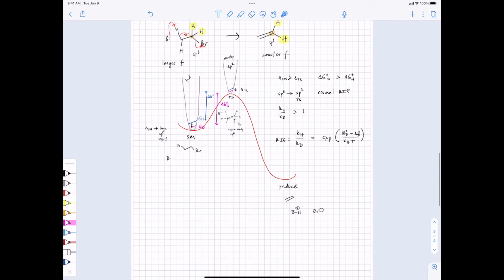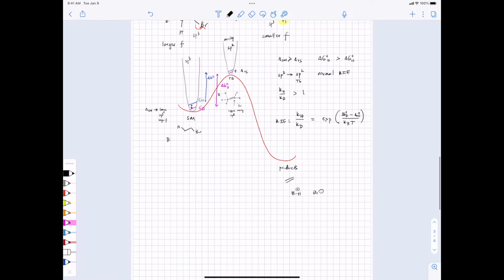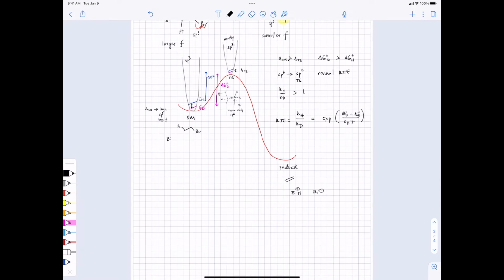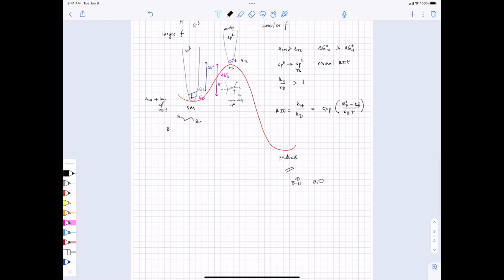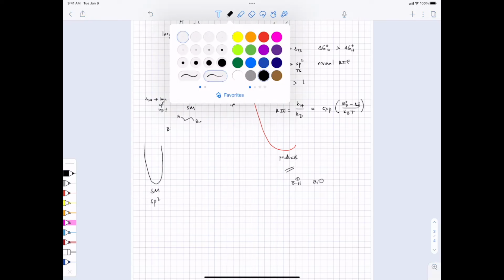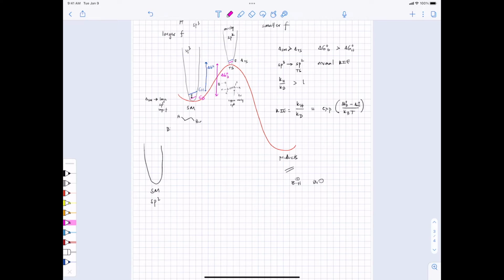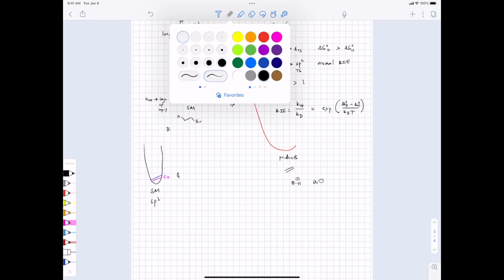So now real quickly, though I don't necessarily want to take the time to draw things out, imagine a situation where your starting material is sp2. So the energy difference between deuterium and hydrogen is going to be small, except we need to actually write H for hydrogen.